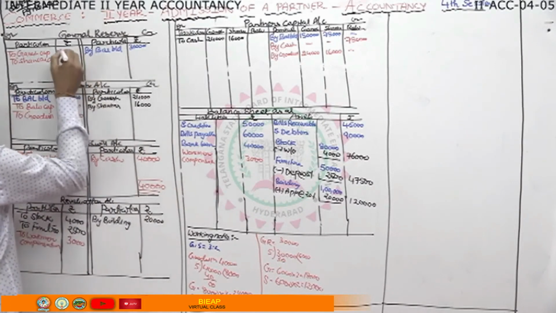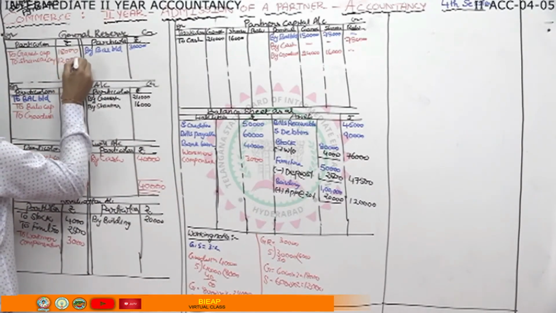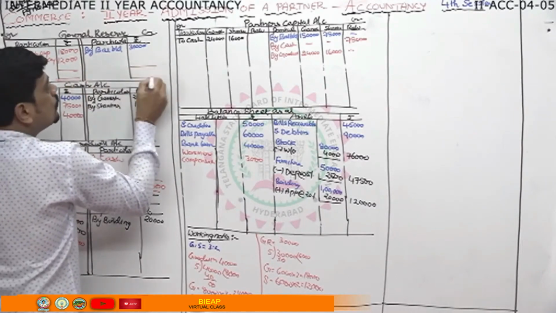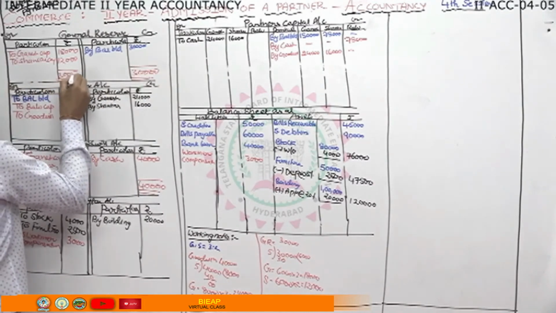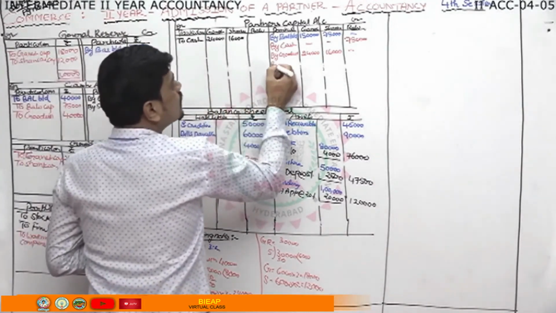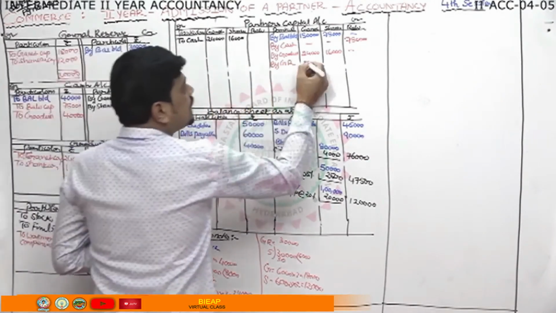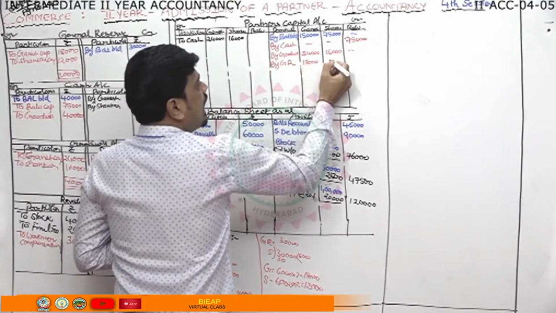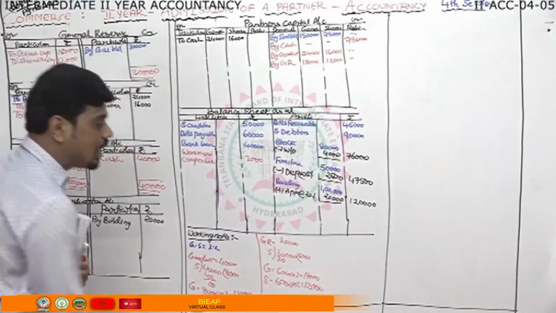Ganesh got the share of 18,000 and 12,000. Close the account with 30,000. Now this will post here by general reserve, 18,000 and 12,000.